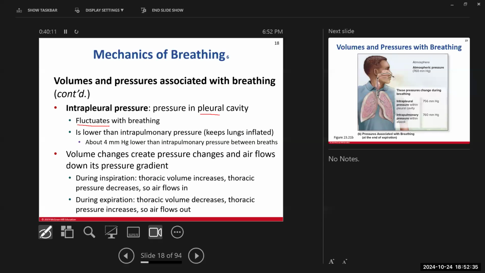Intrapulmonary pressure has always got to be greater than the intrapleural pressure. If that relationship flip-flops, we're getting lungs collapsed. So keep that in mind. Lower than our intrapulmonary pressure. And roughly, if you want a value, about 4 millimeters.